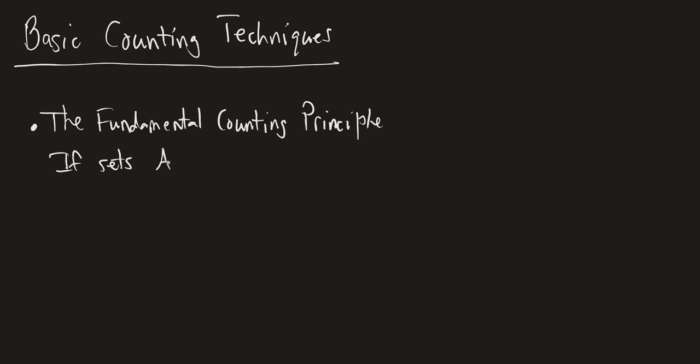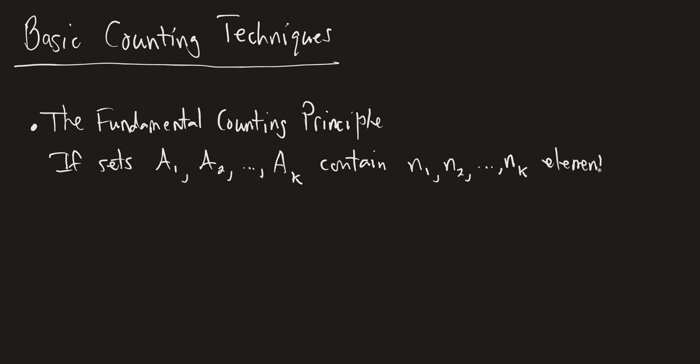If sets A1, A2, dot, dot, dot, A sub k contain n1, n2, dot, dot, dot, n sub k elements respectively, right?